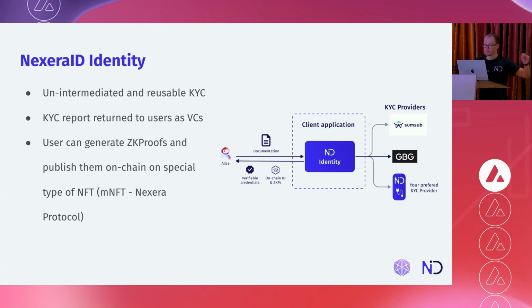And moreover, that data is transferred to the user in the format of verifiable credentials. So he's basically able to hold that data, submit it to applications, and disclose only the parts that he wants to disclose. And in addition, the user can build zero knowledge proofs based on that data and publish them on chain. So he can build a full self-sovereign identity very easily.